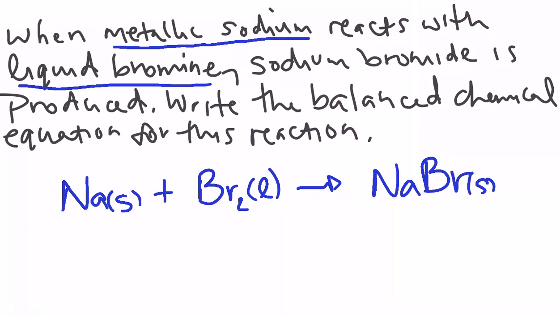We're going to start with the thing that's the most complicated. Sodium bromide is the most complicated thing here. One thing you might notice is that you have 1 sodium on each side, but there are 2 bromines on the reactant side and only 1 on the product side. So you need to add a 2 in front of sodium bromide.